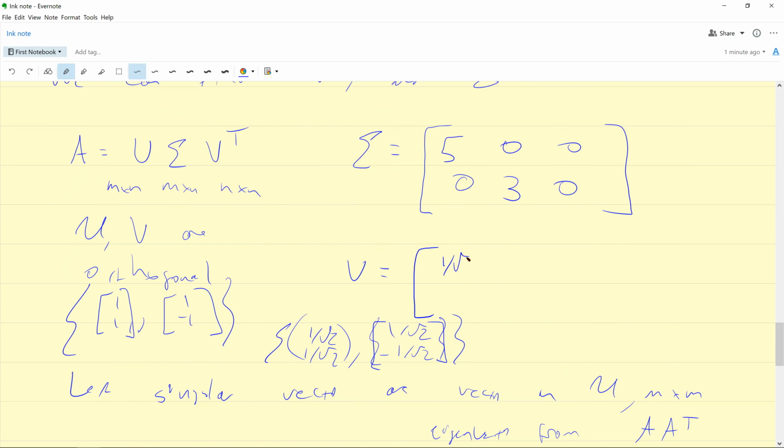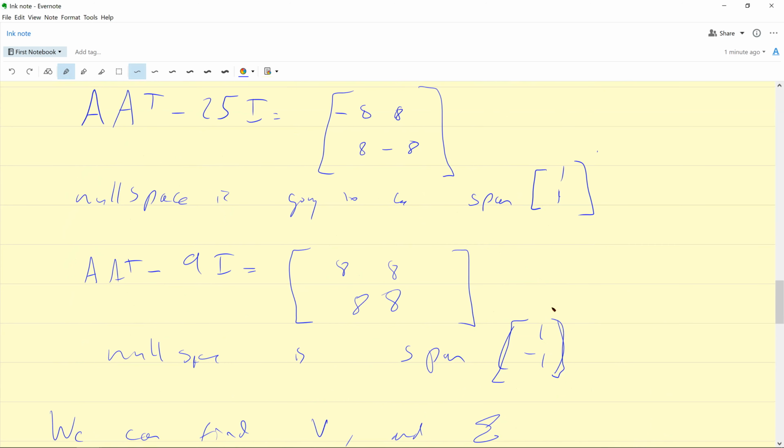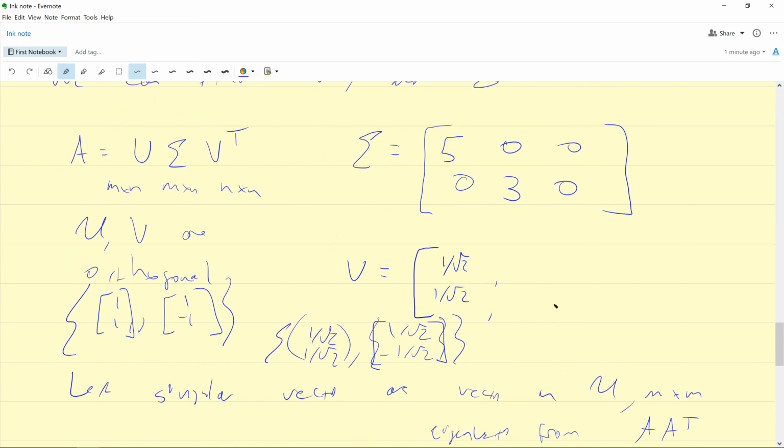So 1 over root 2, 1 over root 2, and 1 over root 2, negative 1 over root 2. And then take the transpose of that, which will be itself. Cool.